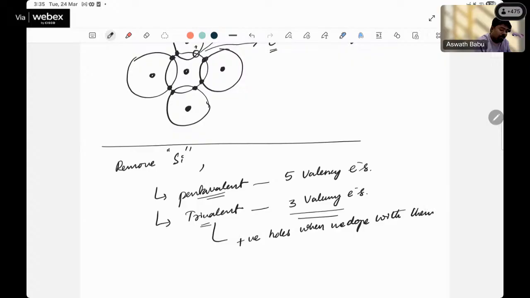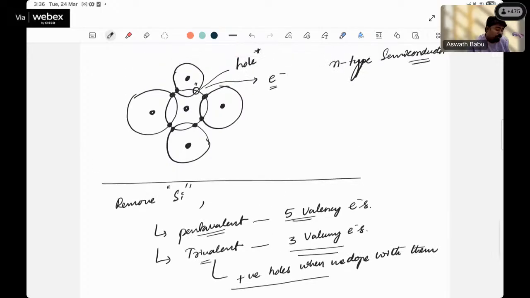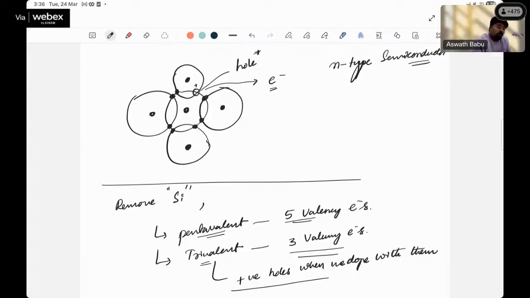At the same time, you take arsenic, or for example antimony, phosphorus. These have 5 electrons in their valency orbit, so they don't need 5, they only need 4 to share with the silicon which is being replaced. So they will use all the 4 electrons, and the 5th electron they leave outside.